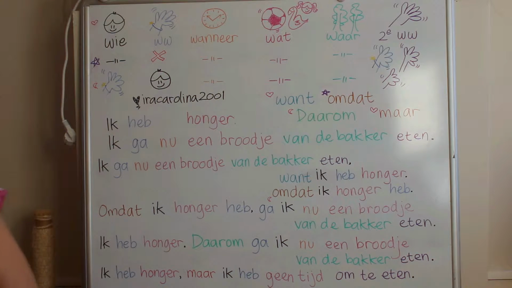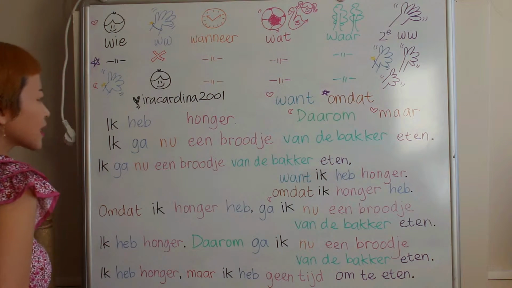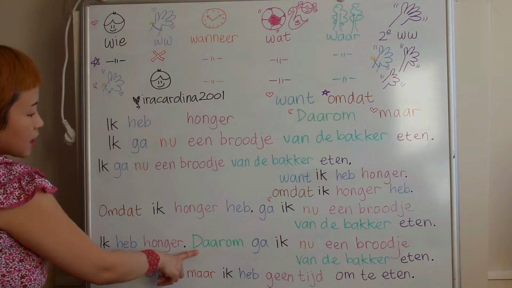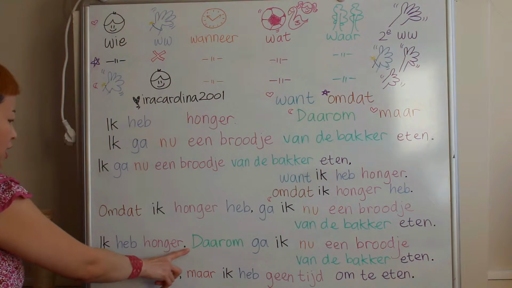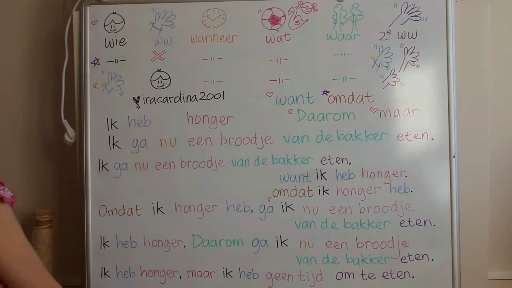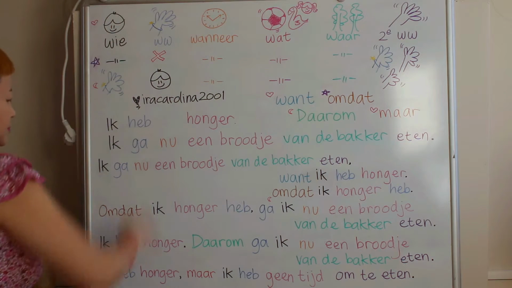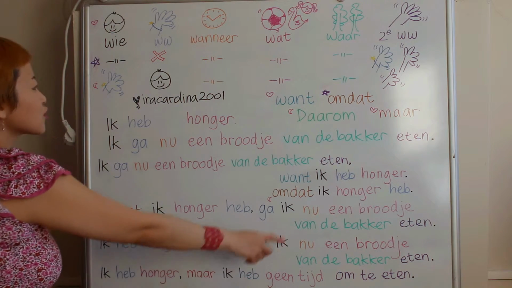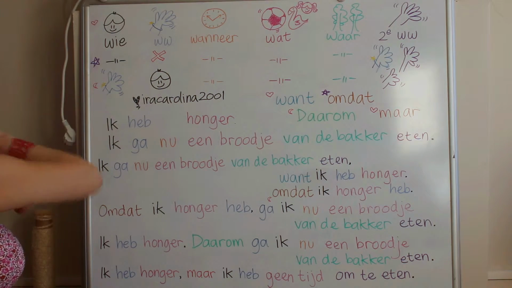Yeah. Now we will use daarom, or that's why, and this daarom always starts with a capital letter. So you put a dot here, not a comma. Ik heb honger, normal. Daarom, that's why. After daarom, we see the switch of verb and subject.